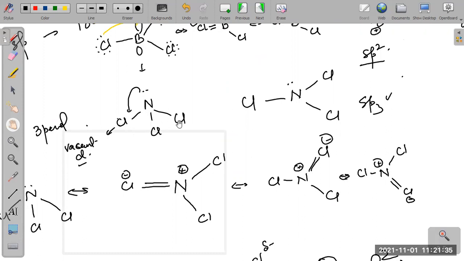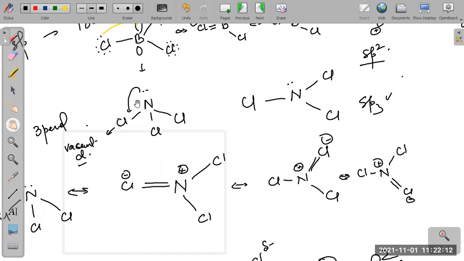Nitrogen, bonded with three chlorines, has a lone pair which gets delocalized to the vacant d orbital of chlorine. Now this cannot be considered an example of back bonding. However, it is definitely an example of lone pair sigma and vacant d orbital delocalization.